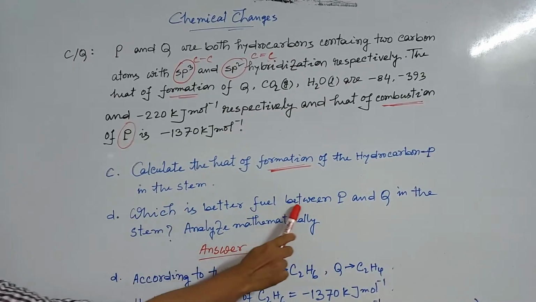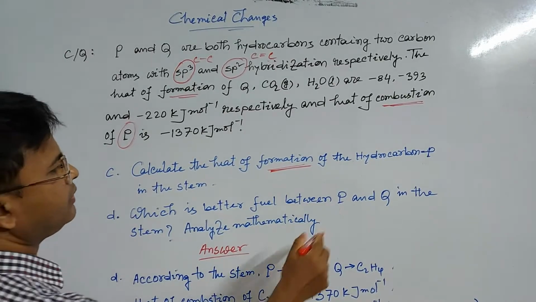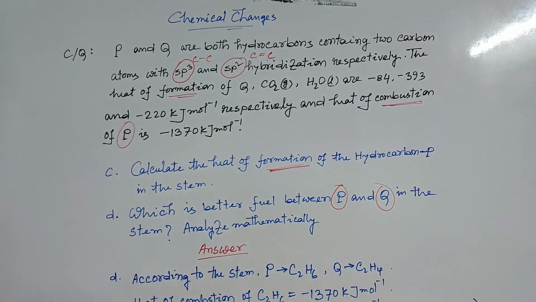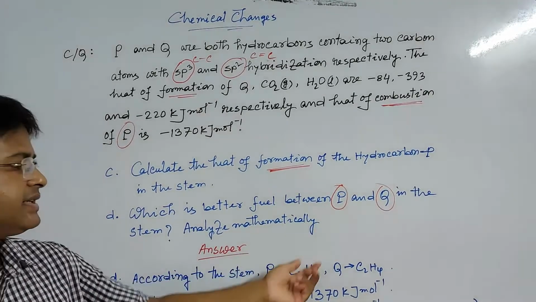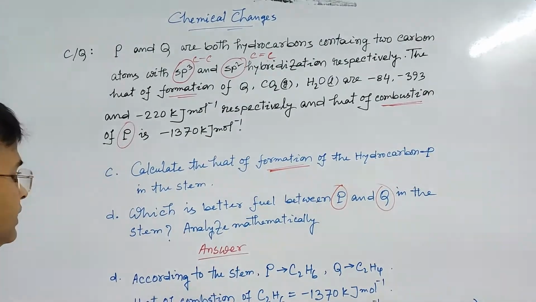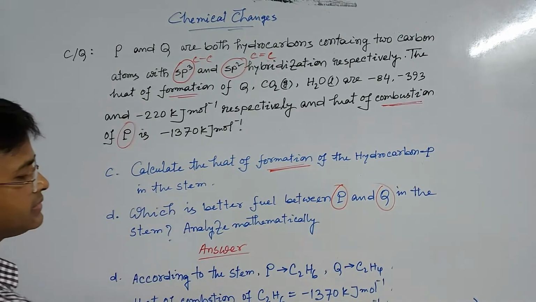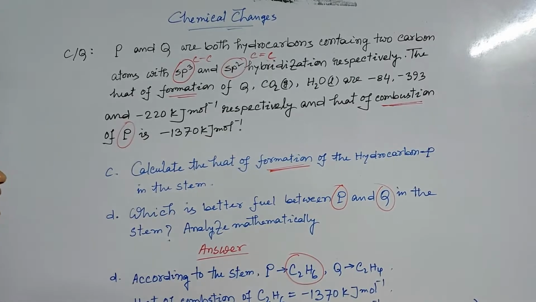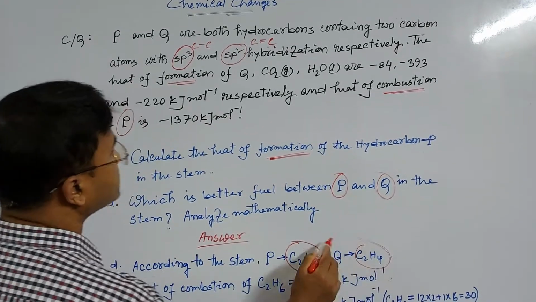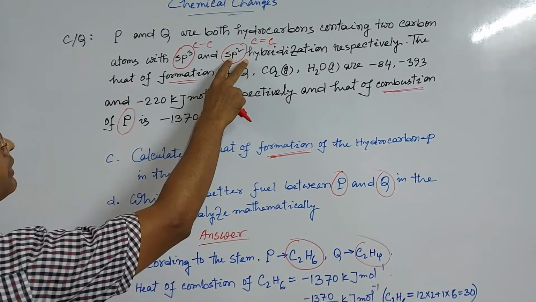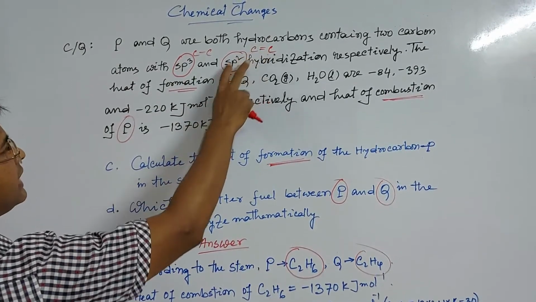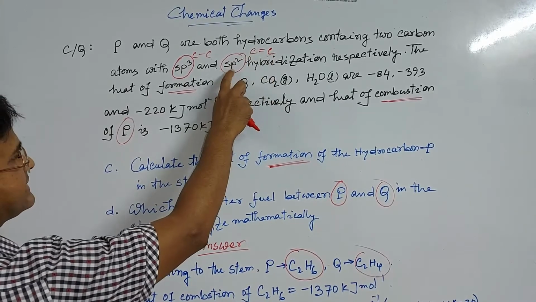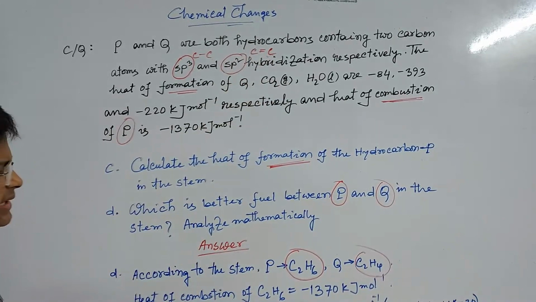Which is the better fuel between P and Q? My dear students, I have already told you P indicates ethane. P indicates ethane and Q indicates ethene, because in compound Q two carbon atoms are bonded with each other by a carbon-carbon double bond, as it is sp2 hybridization.